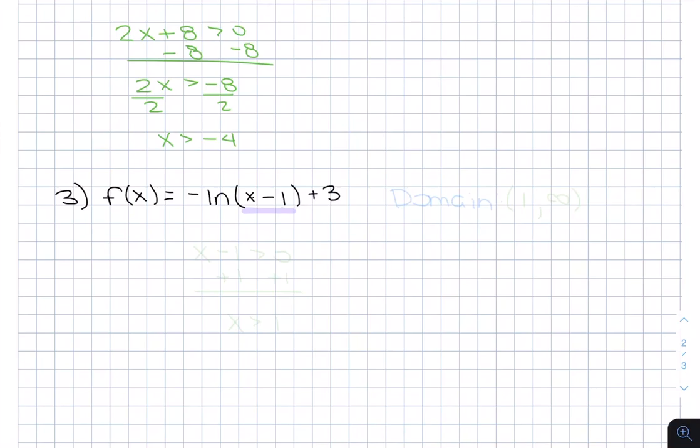In this case, we have x minus 1. We know that x minus 1 has to be greater than 0 in order to find the domain. So we have x minus 1 greater than 0, and if we solve for x, we add 1 to both sides, so x has to be greater than 1. This is our domain. In interval notation, this is just 1 to infinity.